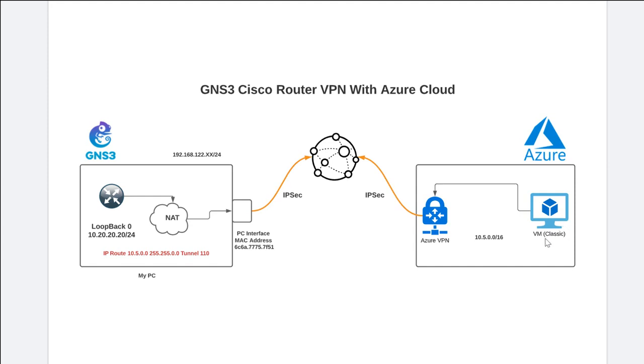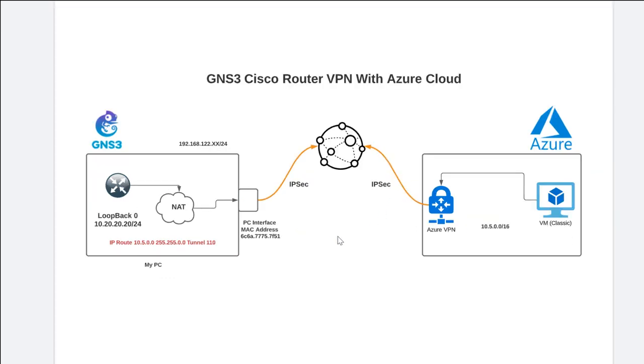I configured it with IP 10.5.3, I guess. So when I put in the route here, I can reach this network through the loopback. I will configure the loopback as well. Then the remote networks and the VPN.